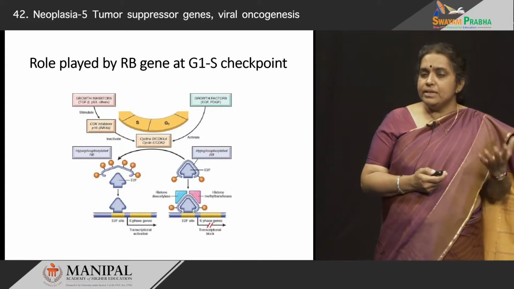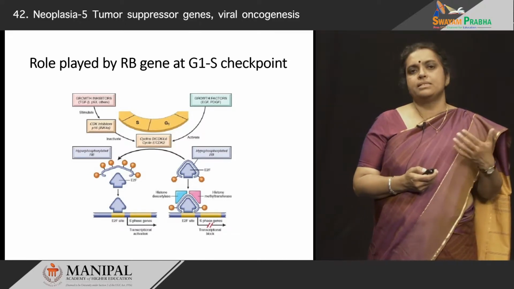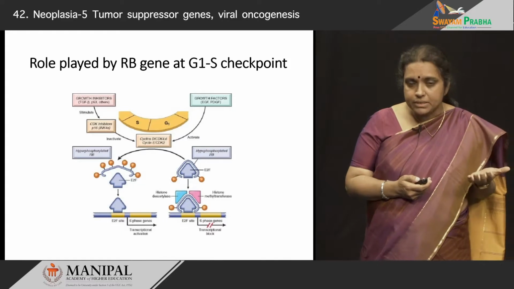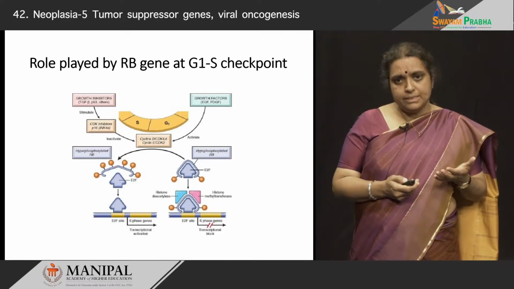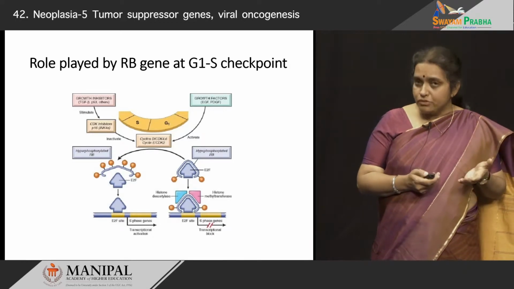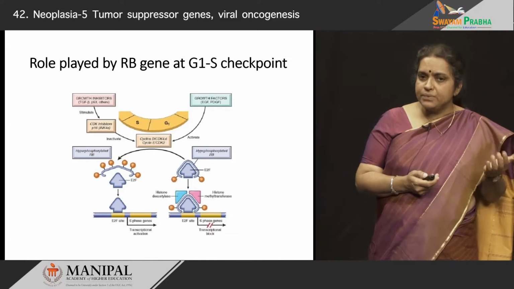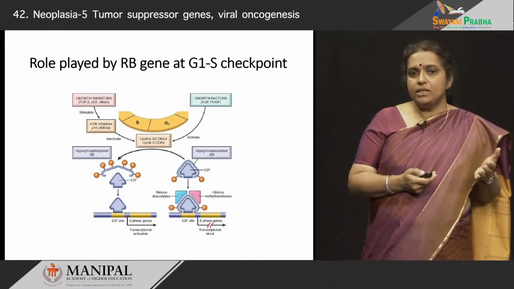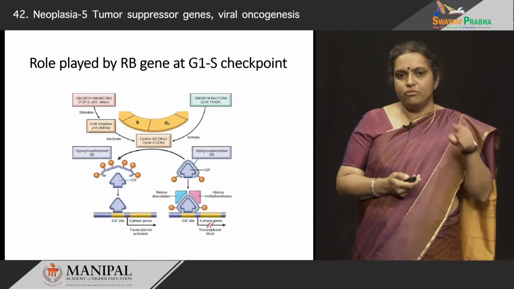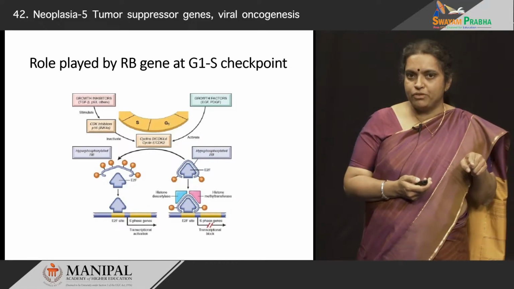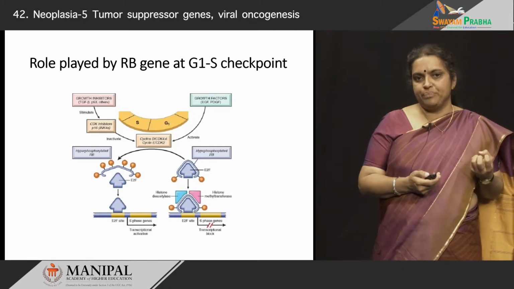Now, there are various cyclins, cyclin dependent kinases and cyclin dependent kinase inhibitors, which are involved in this very complex process. As you can see, the growth factors such as EGF and PDGF will activate the cyclins and cause the active form of RB to become phosphorylated or hyperphosphorylated, so that it releases the E2F.